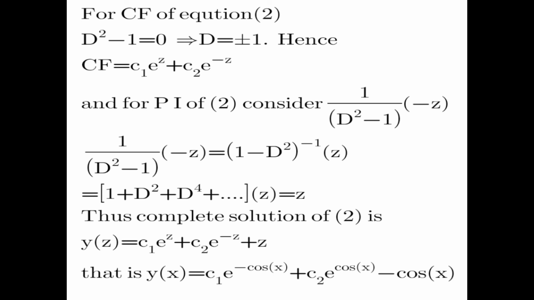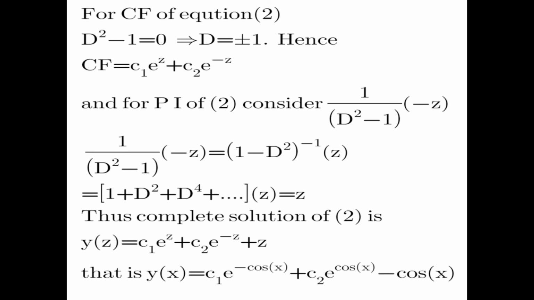And for the particular integral, we consider 1 divided by d square minus 1 into minus z, or again it can be written as 1 divided by 1 minus d square into z, or it can be written as 1 minus d square to the power minus 1 into z. And using the binomial expansion, 1 minus d square to the power minus 1 can be written as 1 plus d square plus d to the power 4 plus so on.